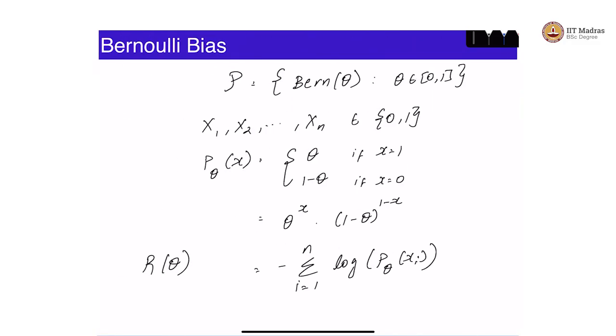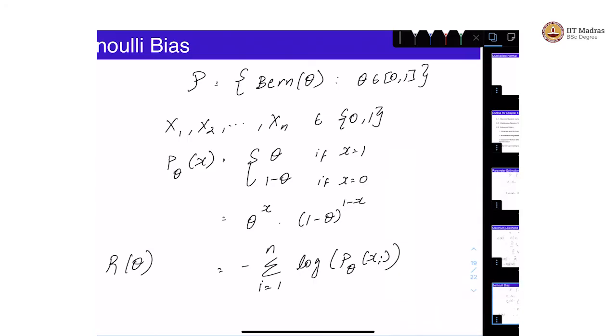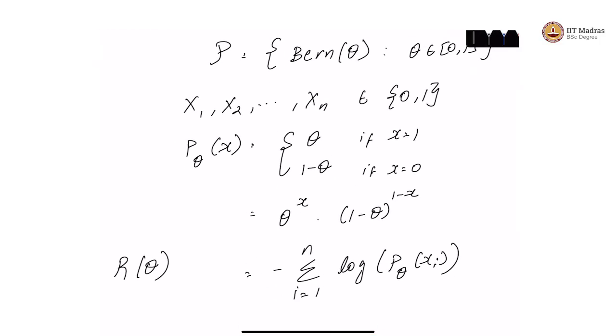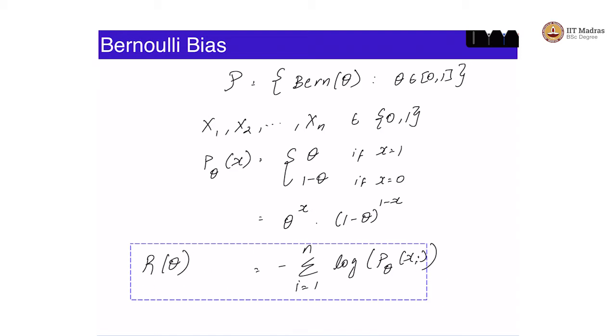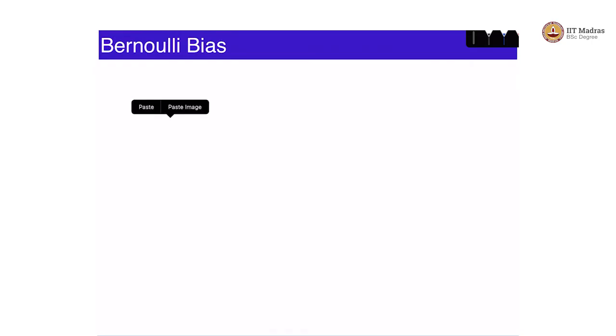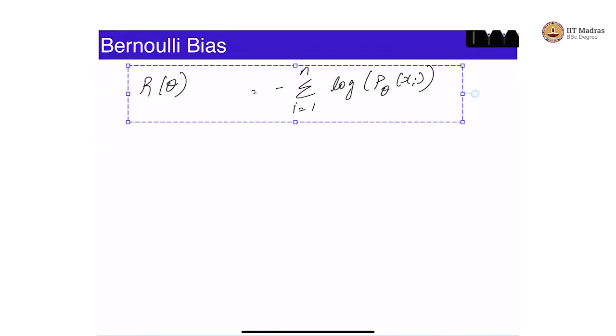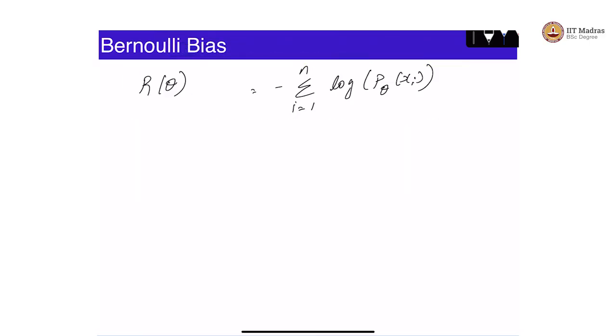Sorry, I'll have to create another page. That another page is created. So this is the negative log likelihood, and we have already written p theta of xi.